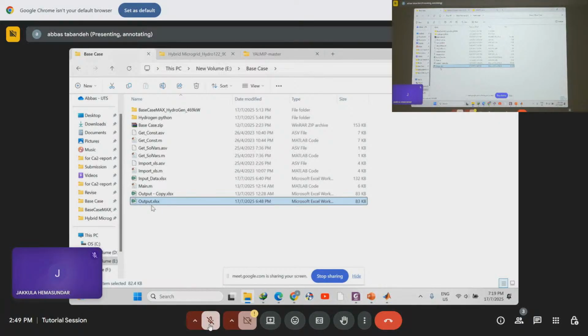So we need to import and export in MATLAB. Import the data and give it to our problem modeling that we will do with YALMIP. And after solving the optimization problem, the results will go to the output sheets in Excel.